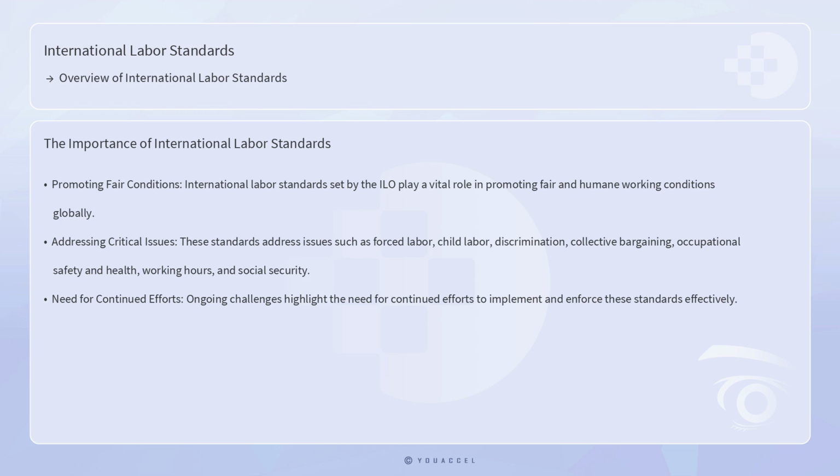While significant progress has been made in many areas, ongoing challenges highlight the need for continued efforts to implement and enforce these standards effectively. For HR professionals, particularly those seeking the SPHRi certification, a deep understanding of international labor standards is essential for navigating the complexities of global labor practices and promoting ethical and sustainable business operations.